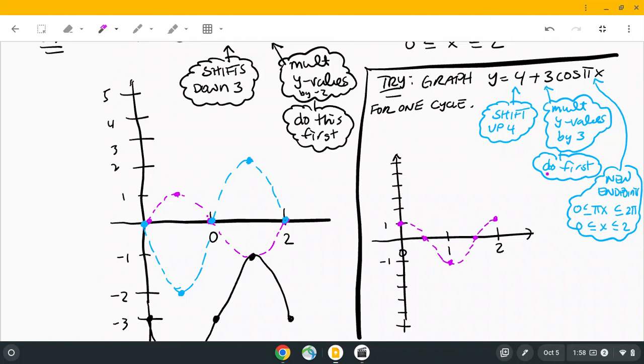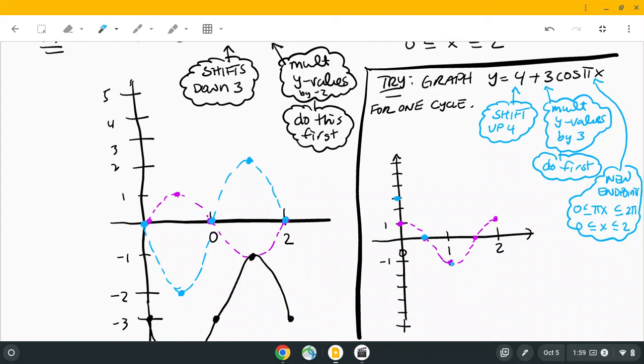Now we're going to do this first: multiply the y values by 3. I'm going to have to get some big numbers up here. Let me do that one in blue. 1 times 3 is 3. 0 times 3 is 0.